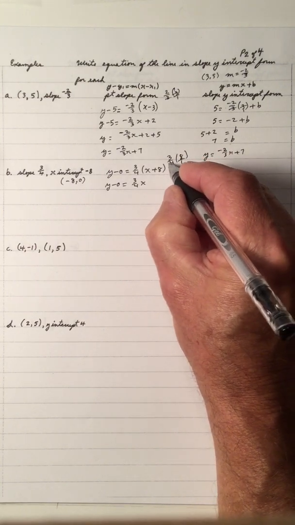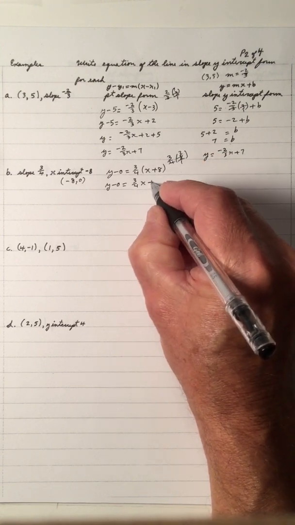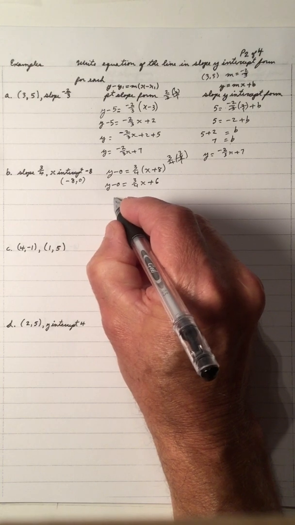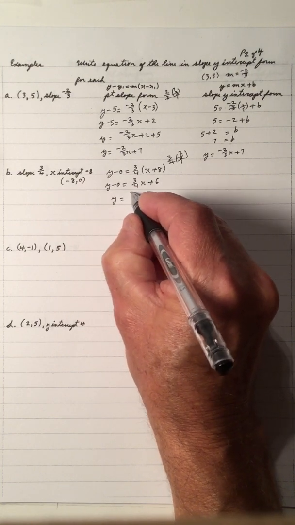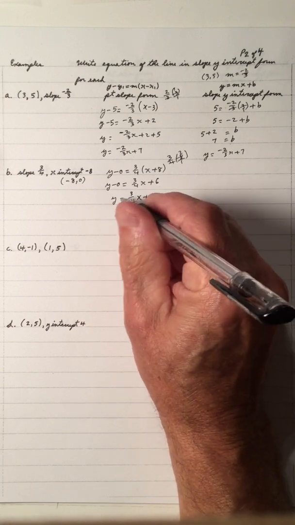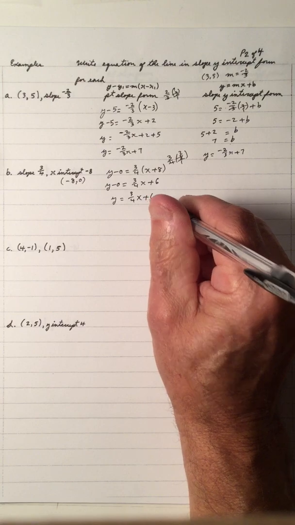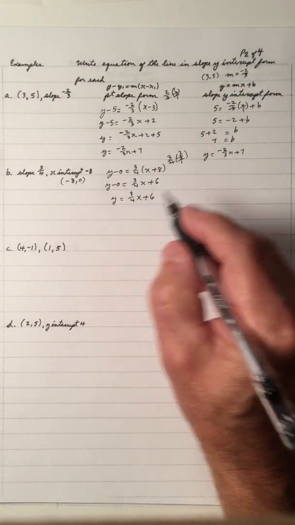The 8 is over 1, 4 and 8 goes 2, and 3 times 2 is 6. And we have a 0, so y minus 0 is the same as y. So the point slope form becomes y equals 3/4 x plus 6, which is in slope y-intercept form.